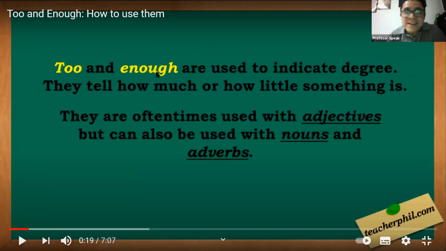So too and enough are used to indicate degree, both. So they tell how much or how little something is. And they are used with adjectives, nouns, and adverbs. Verbs.